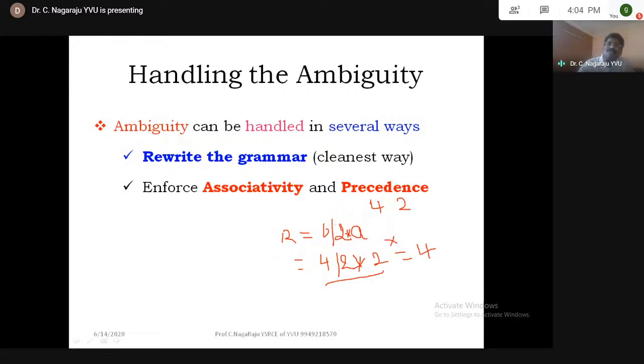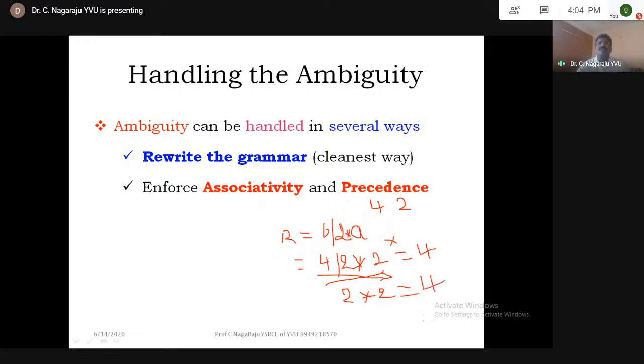Why are you getting this? It is because of the precedence of the operator and associativity. Associativity means the evaluation should be from left to right. That means 4 by 2 is equal to 2, into 2, so then you are getting 4.